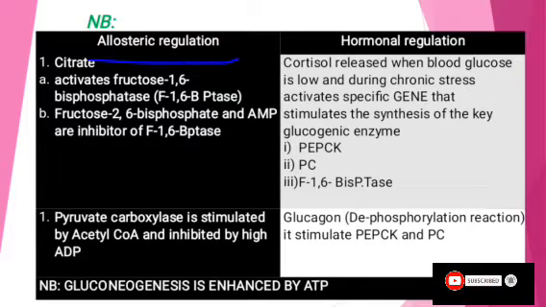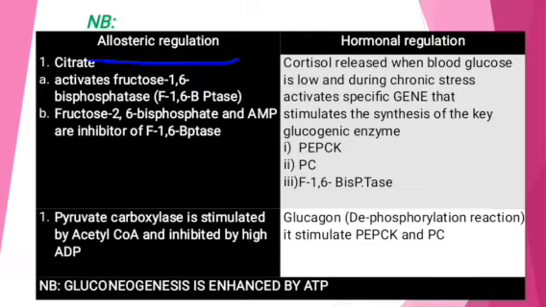Allosterically, citrate activates fructose 1,6-bisphosphatase. Fructose 2,6-bisphosphate and AMP are inhibitors of fructose 1,6-bisphosphatase.